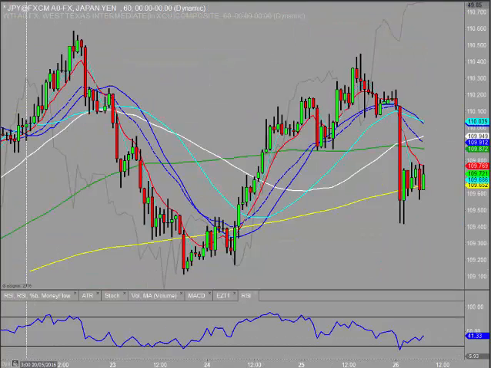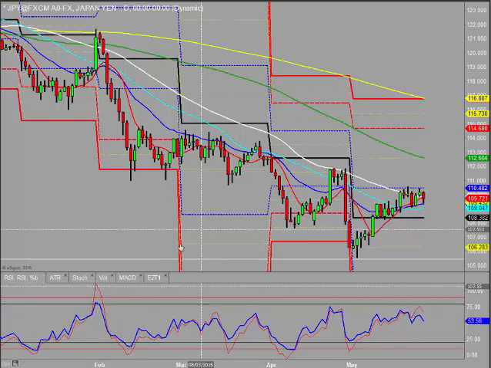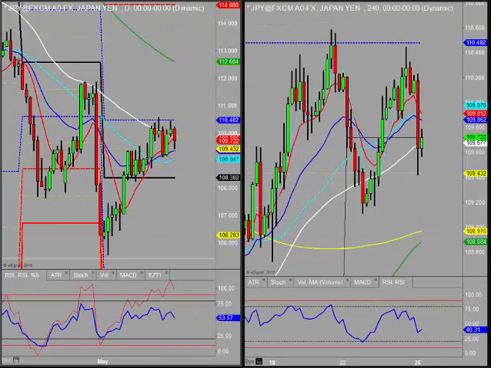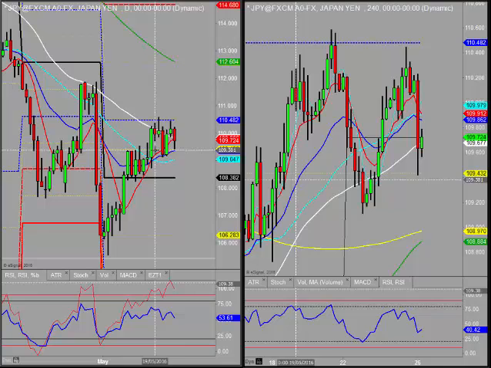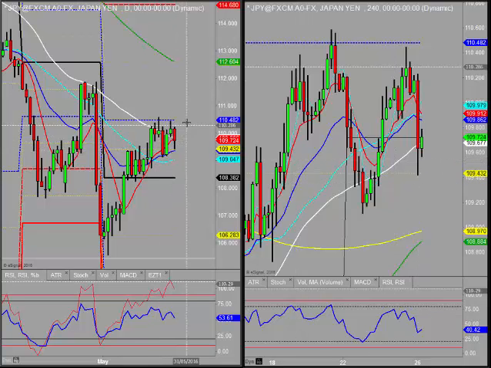Dollar yen. Okay, so it's moved to the south side, has been stalled once again, and it's getting once again into a bit of a choppy area, just when I thought I might be able to trade this soon.